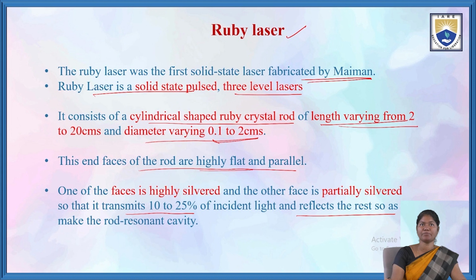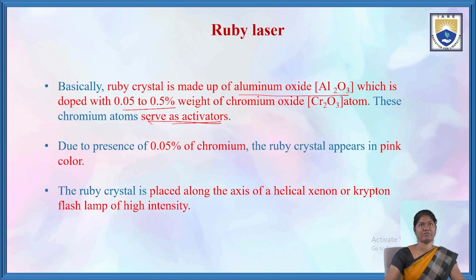One side is highly silvered and the other side is partially silvered, so that it transmits incident light up to 10 to 25% and reflects the rest of the light to make the rod a resonant cavity.